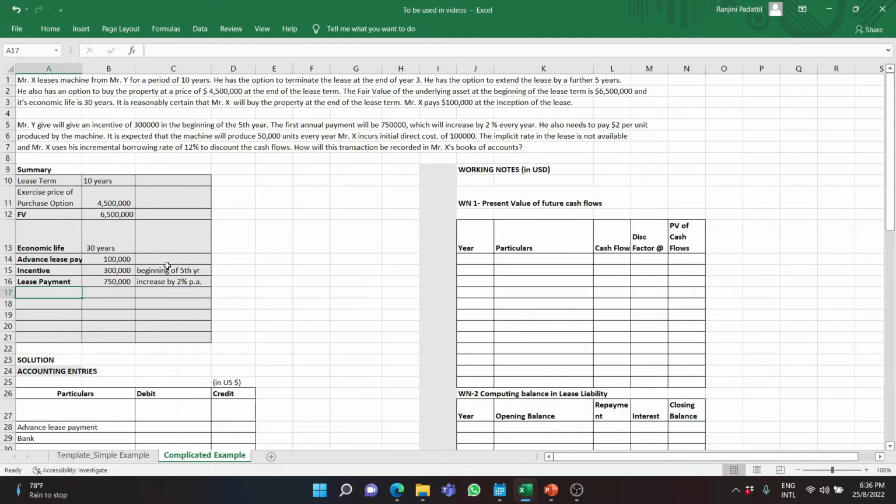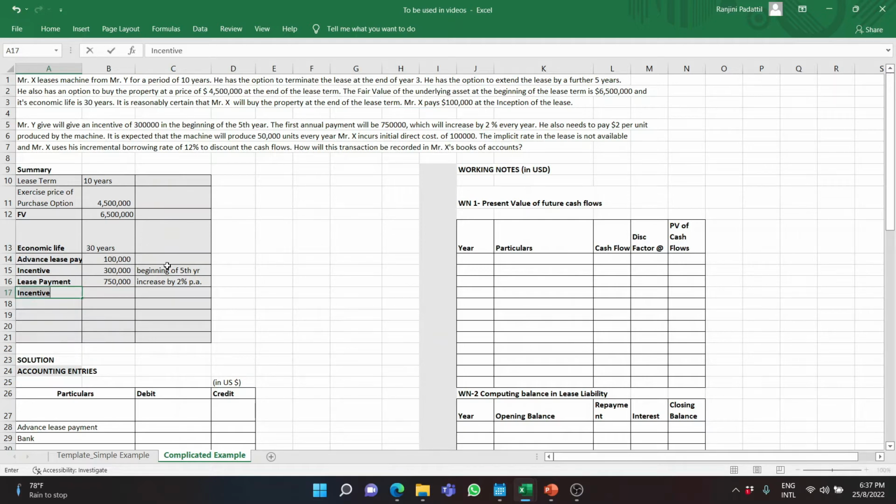But is it a variable payment based on an index? No, it is a variable payment based on actual usage, and therefore this amount will not be used in calculating your lease liability or your ROU asset. If in the question they have clearly specified how many units were produced in each year, then we would pass entries expensing out the variable lease payment every year.